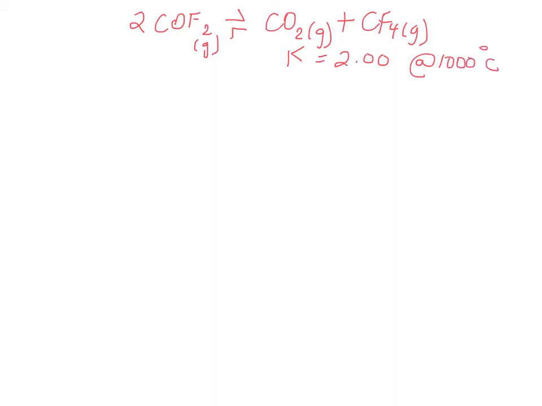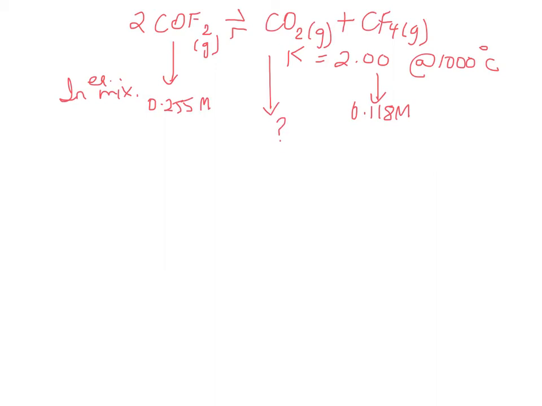And in the equilibrium mixture, the concentration of COF2 is supposed to be 0.255 molar. The concentration of CF4 is 0.118 molar, and they're asking what is the concentration of CO2.